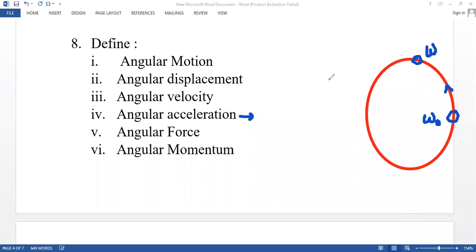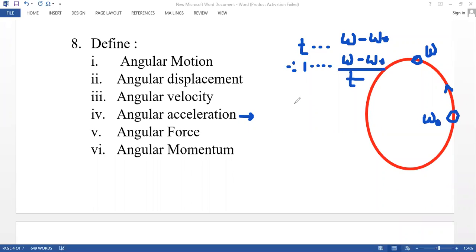So in time t seconds, the change of angular velocity is omega minus omega naught. In 1 second, the change is omega minus omega naught divided by time. So angular acceleration alpha is omega minus omega naught divided by time. That is the angular acceleration.